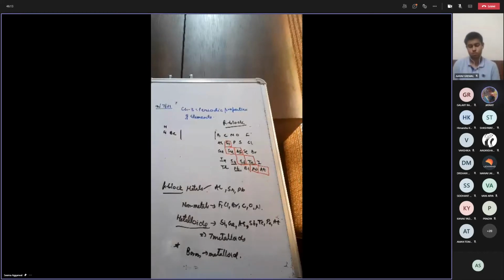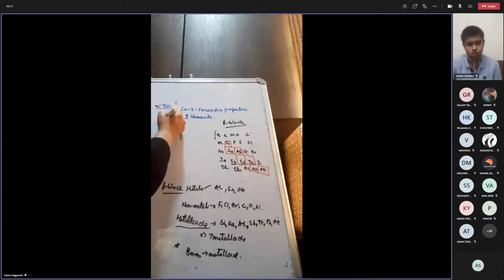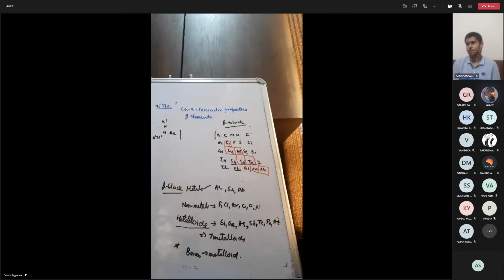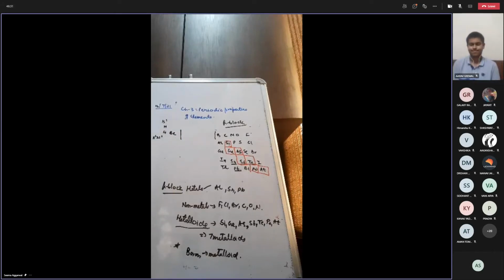It means it's part of S block, yes, because here the configuration is 1s1. That's why it is an S block element. So hydrogen is an S block element. That's not because it's a metal, it's just because it has atomic number 1. The table is generally based on the atomic number only. So that's why we are placing it here. Hydrogen is a non-metal, but it is placed along with the S block elements.